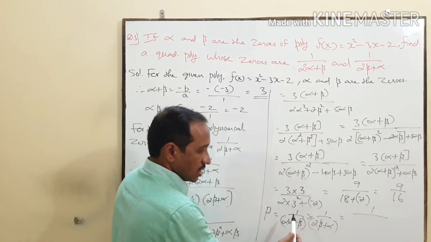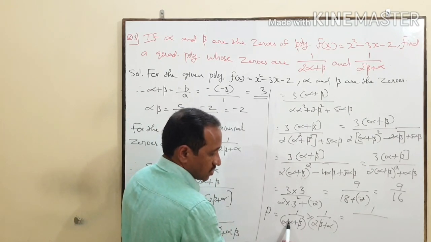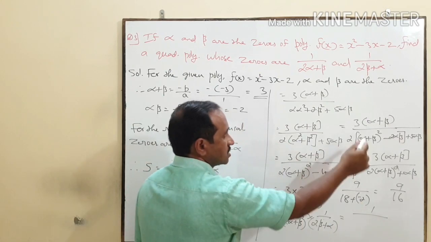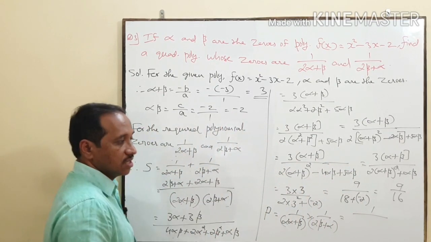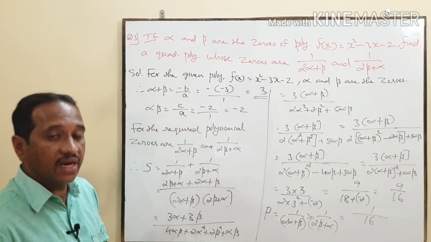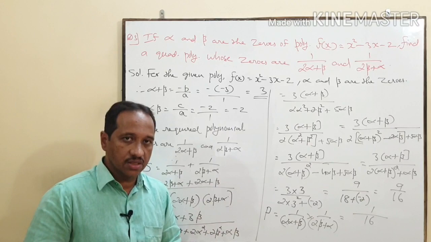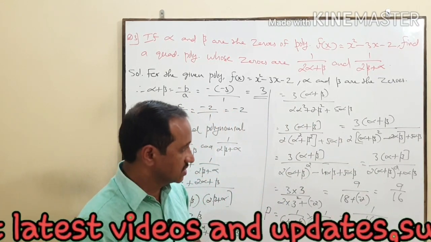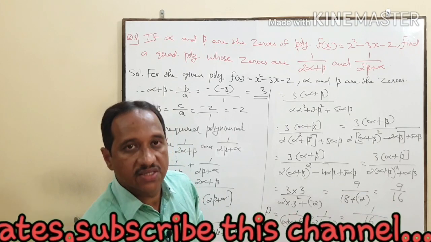So the result of multiplication of 2 alpha plus beta into 2 beta plus alpha is the same as that of this calculation. So the answer is 1 by 16. So we have the sum of the zeros equal to 9 by 16, and the product of the zeros equal to 1 by 16.